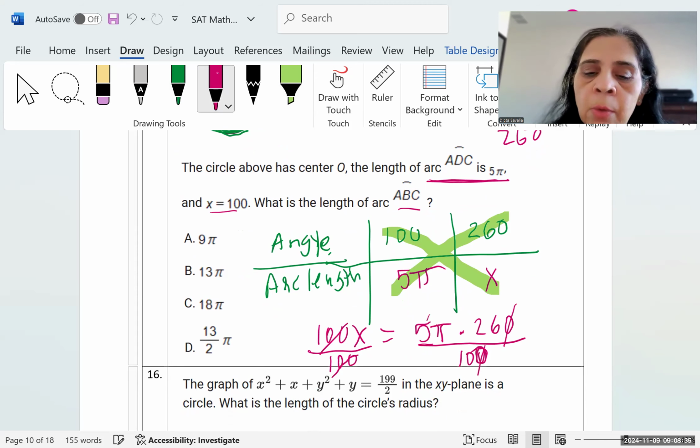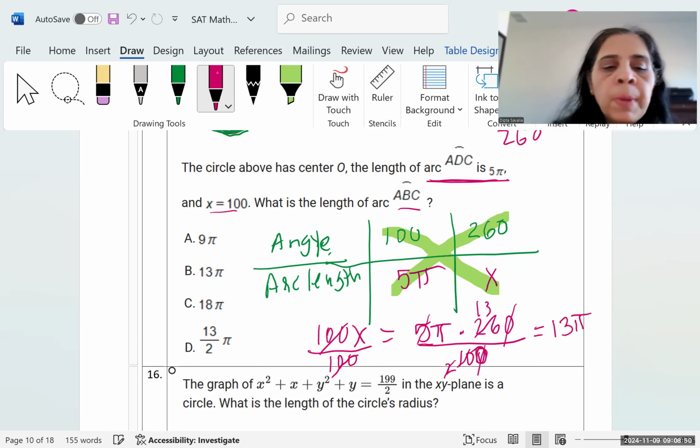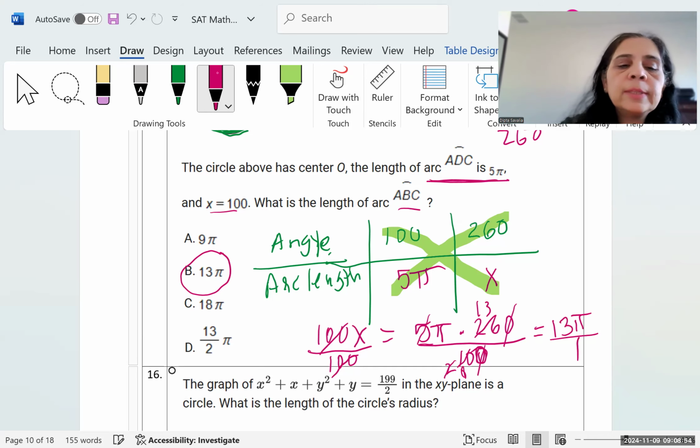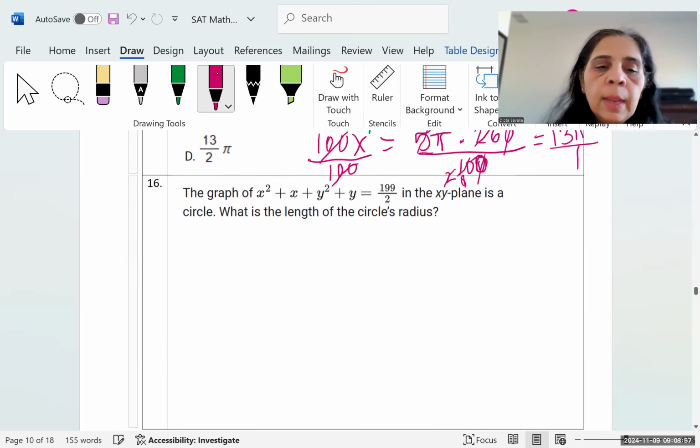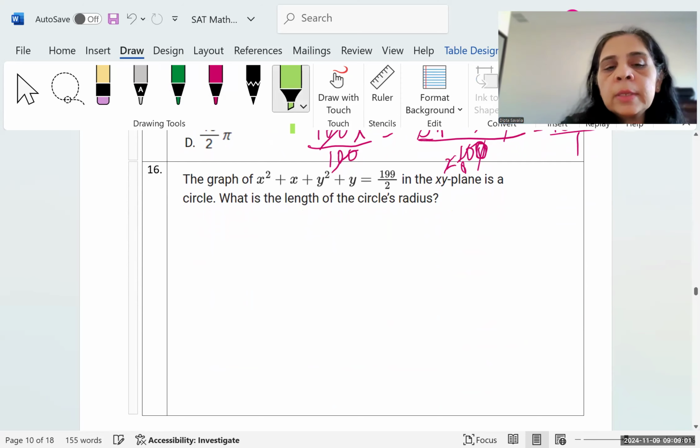Now 5 times 2 is 10 and 10 times 13 is 26... 13 times pi. If you're confused with the fraction, you can just enter it in the calculator. 13 times pi, that is just 13 pi, and in the bottom we have just 1. So the answer is choice B. Let's see number 16. We are given an equation here.